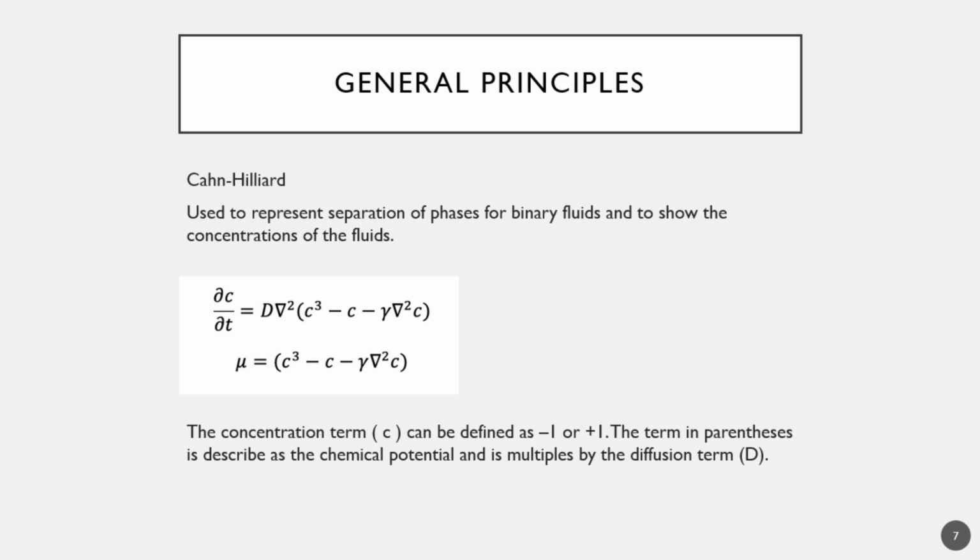This equation is describing the diffusion of concentrations. The term that is in parentheses can also be written as mu, and it can be defined as a chemical potential. The concentration terms denoted by C are often defined as minus or plus 1.